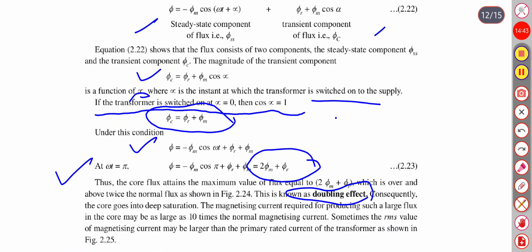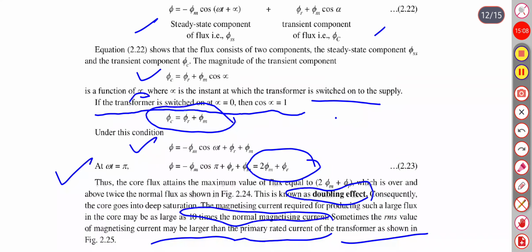Consequently, the core goes into deep saturation. The magnetizing current required for producing such a large flux in the core may be as large as 10 times the normal magnetizing current. Sometimes the RMS value of the magnetizing current may be larger than the primary rated current of the transformer.